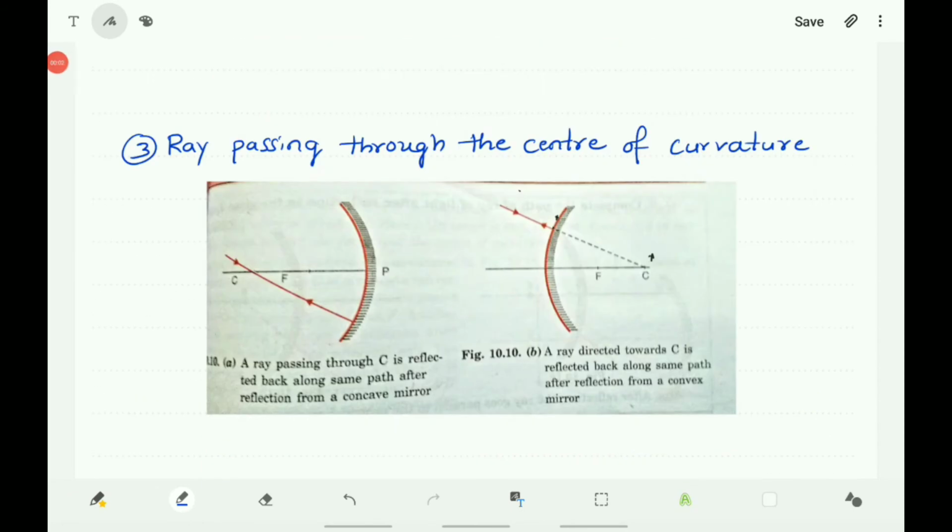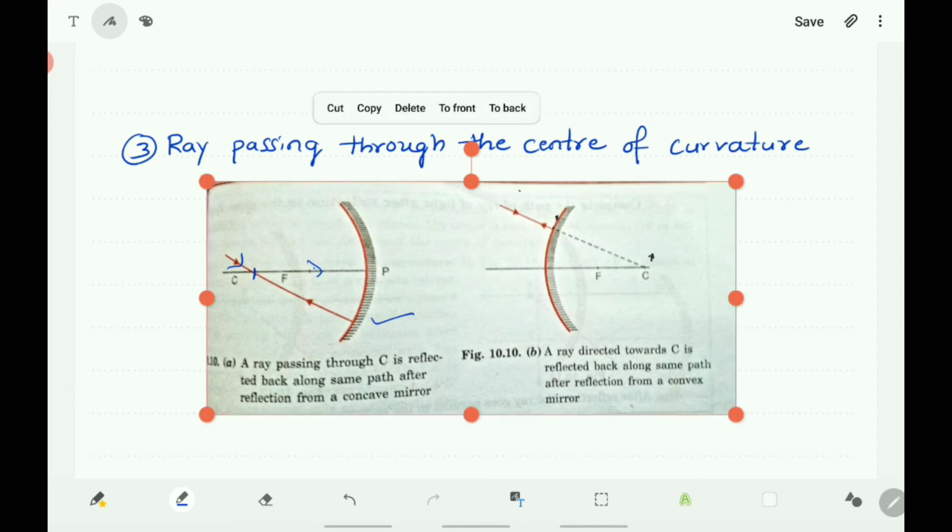Third ray, the ray passing through the center of curvature. See the concave mirror. Here it is a principal axis and a ray passing through the center of curvature. This ray hits the surface of the concave mirror, reflects and moves back along the same path. This is the nature of reflection of the ray passing through the center of curvature for the concave mirror.